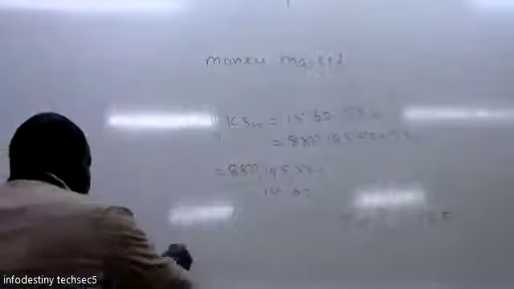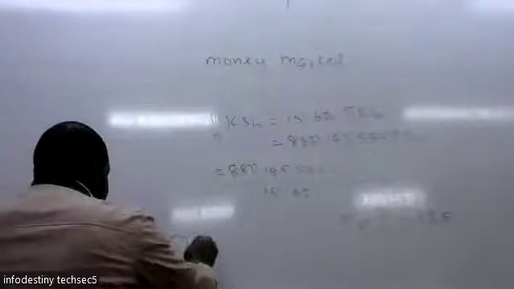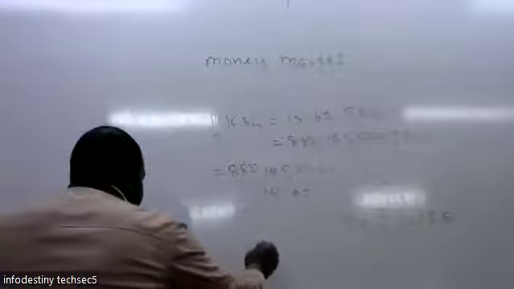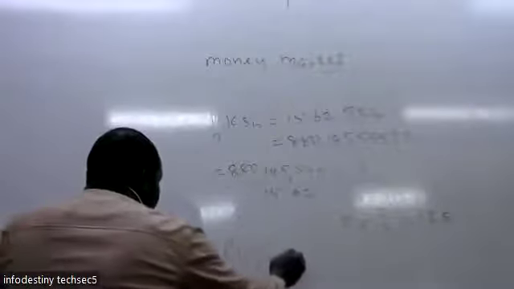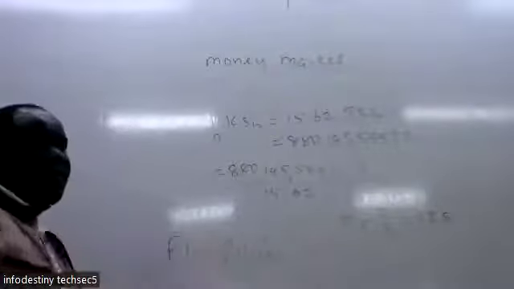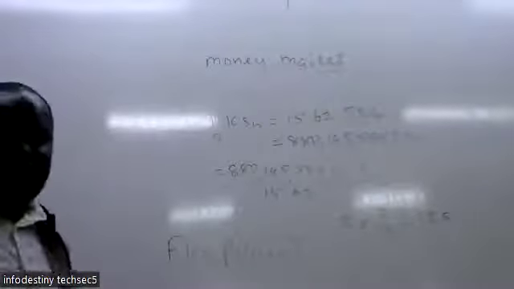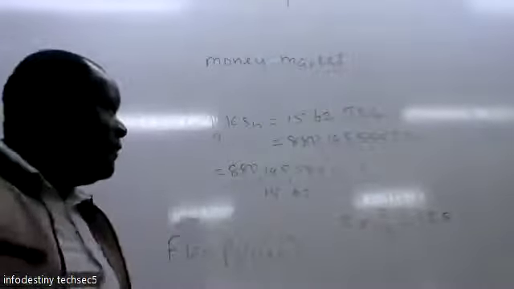So we are now looking for the future value. So future value will be the present value times 1 plus R. So we are depositing that money in the bank for 3 months, earning us interest of 1.25%.